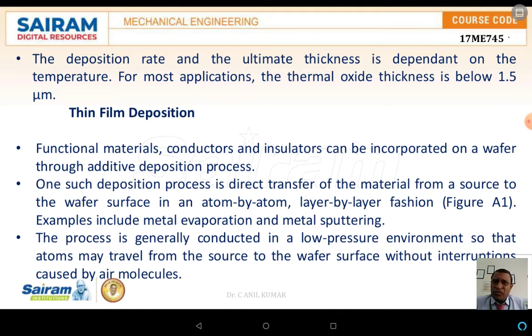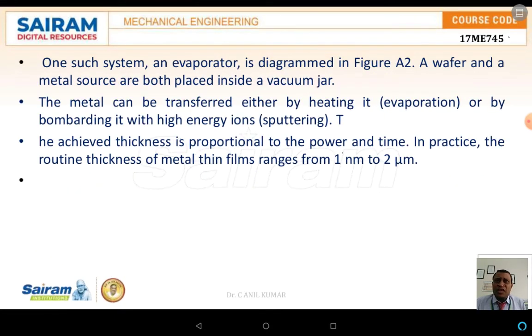Generally the process is conducted in a low pressure environment so that the atoms may travel from the source to the wafer surface without interruption by air molecules. For that reason it should be in a vapor jar.